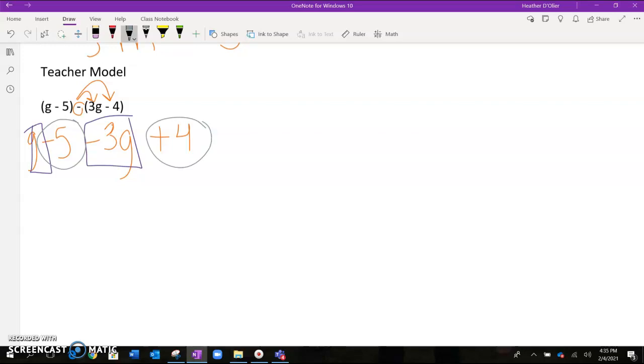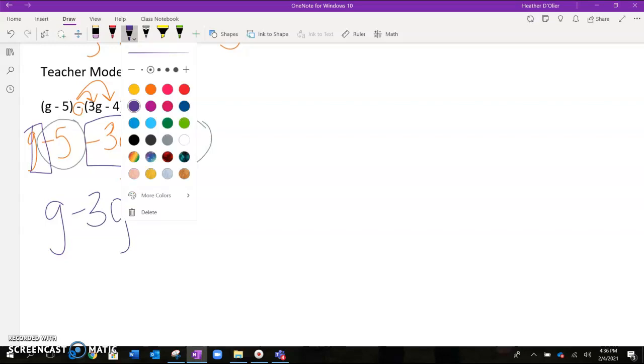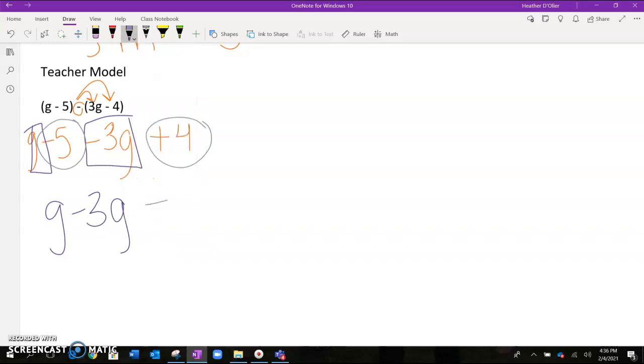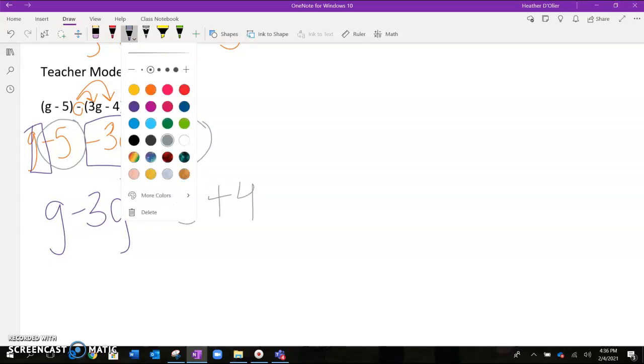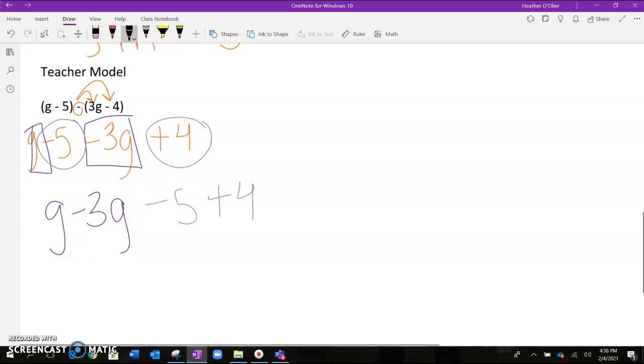I should have written them below, but that's okay. So I have g subtract 3g because I combine my like terms, and negative 5 plus 4. I'm going to combine my like terms and be done.